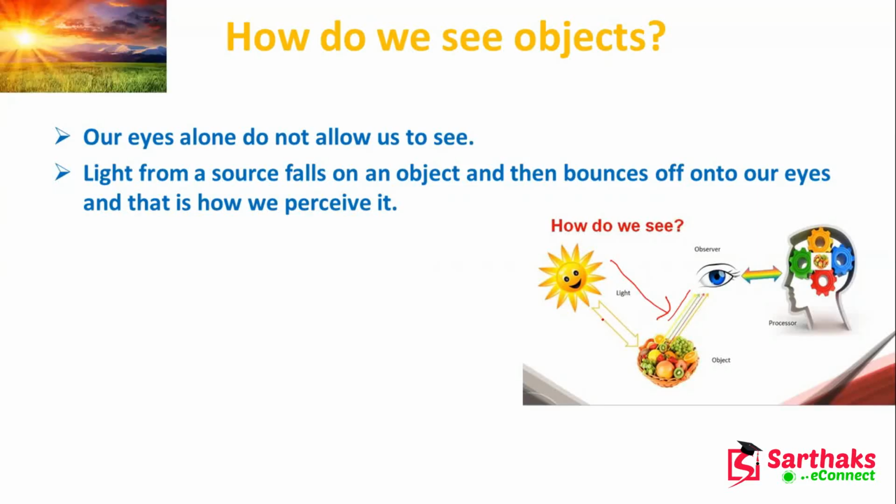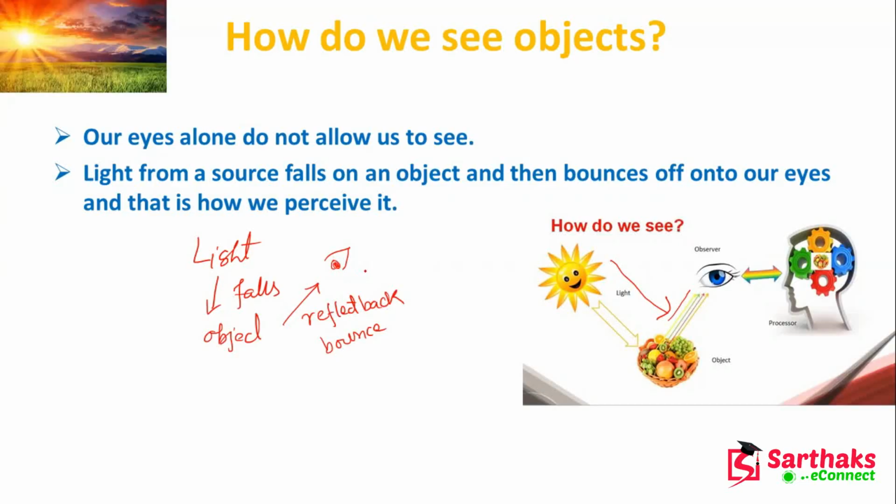In a simple way, if you want to answer this question, you can say this: the light falls on the object, and then it will reflect back. Reflect back, or you can say bounce back, to our eye. Okay, to our eye.